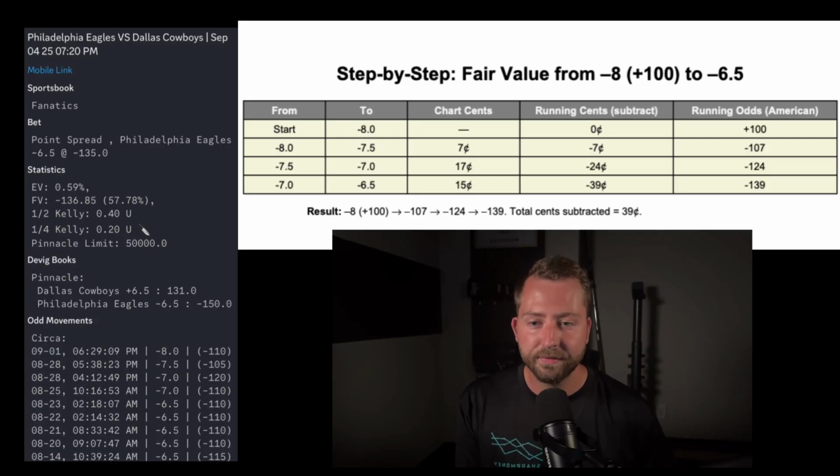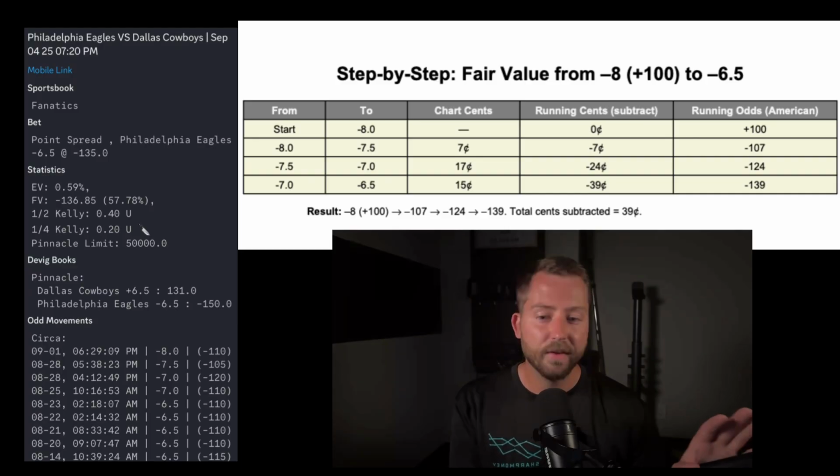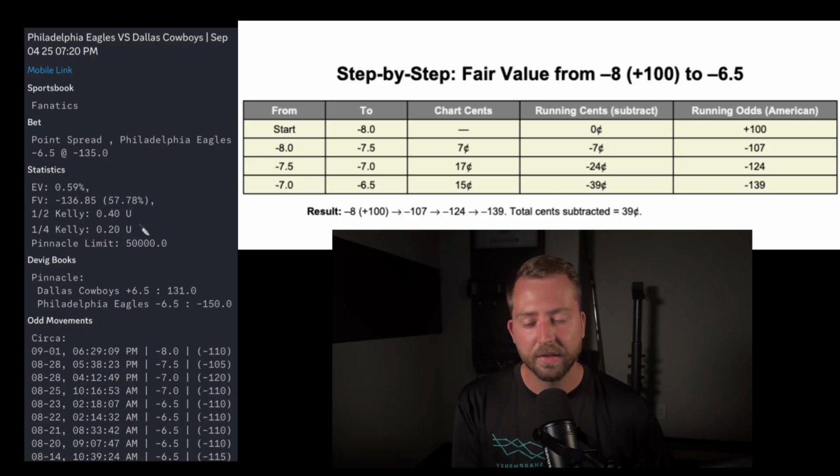We need to first establish our starting point, which is our Circa main line at -8, -110. The first thing you have to do is determine the fair value of the main line. This line is set at -8, -110. The other side of this line, the Cowboys +8, is also -110. If you don't know how to devig, there are multiple calculators you can use, but -110/-110 is equal to a fair value of +100 on both sides.